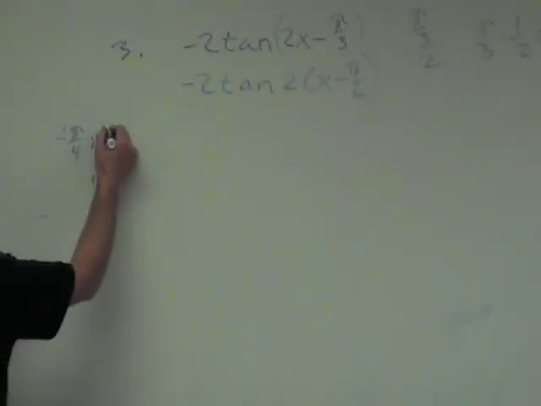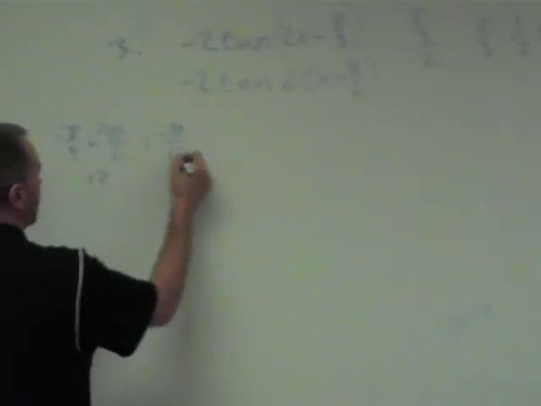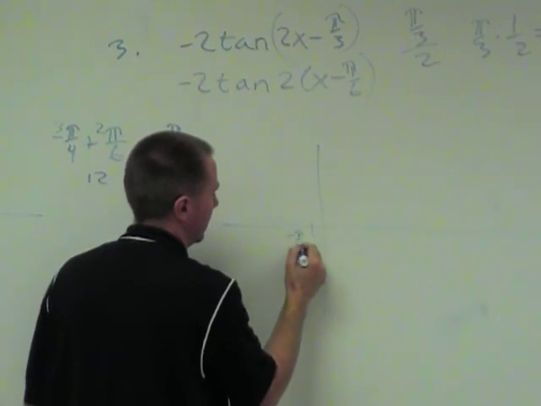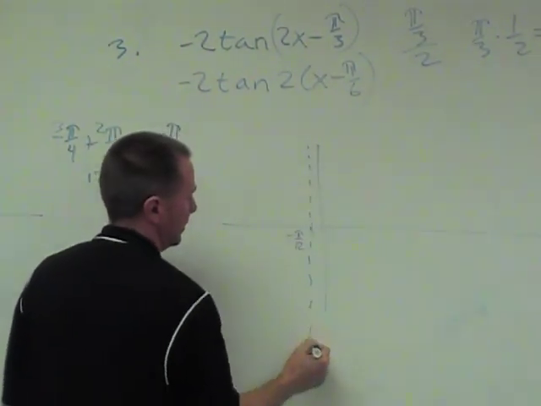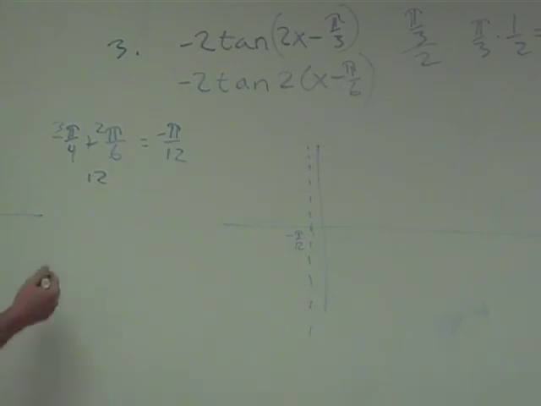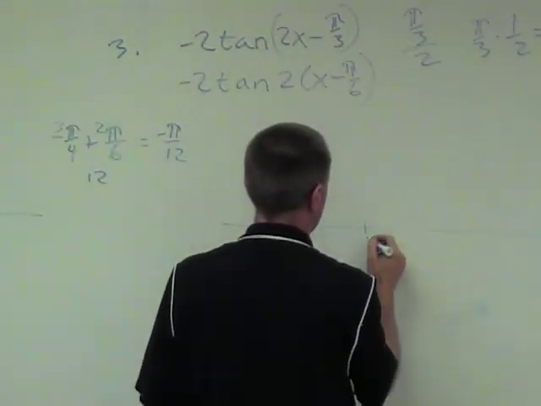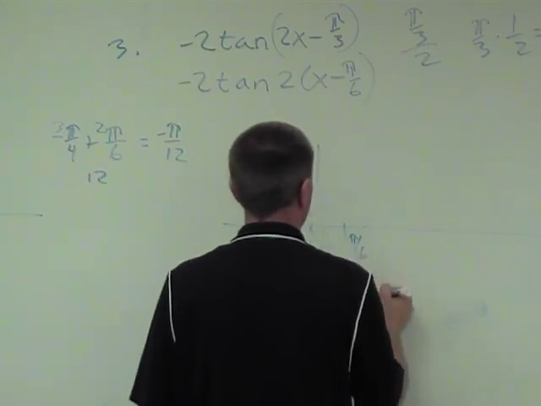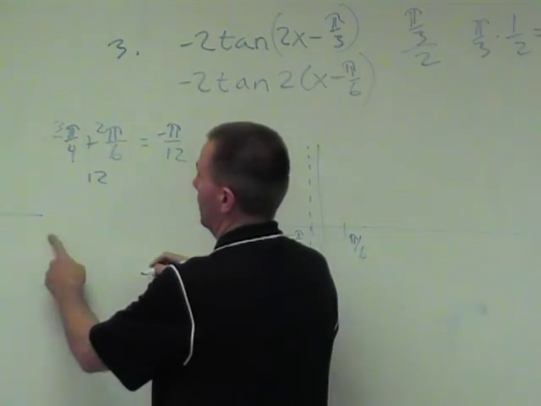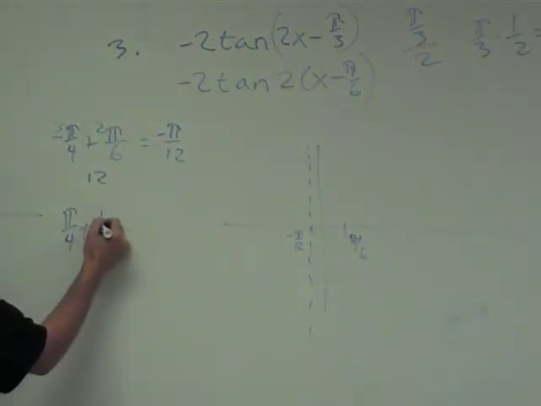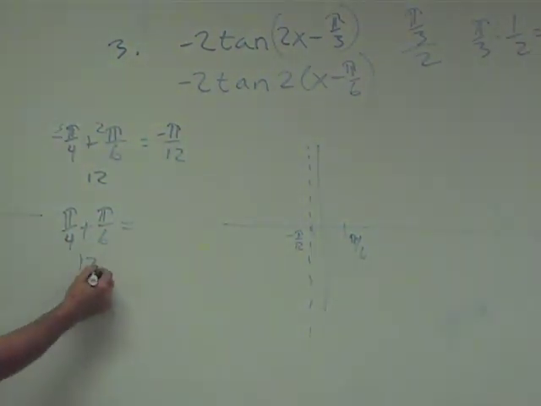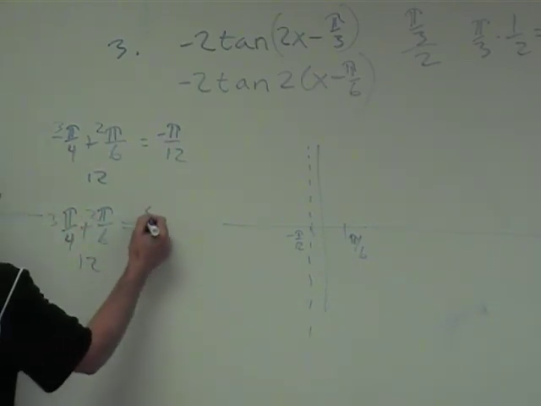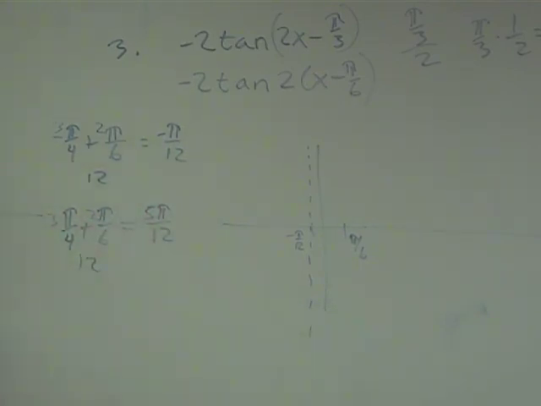Let's do 12. Negative pi over 12, which is very, very close to the y-axis. 0 plus pi over 6 is pi over 6. And pi over 4 plus pi over 6, again 12, which is very close to pi over 2. Not quite there.